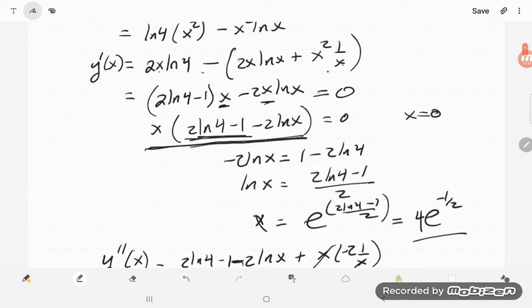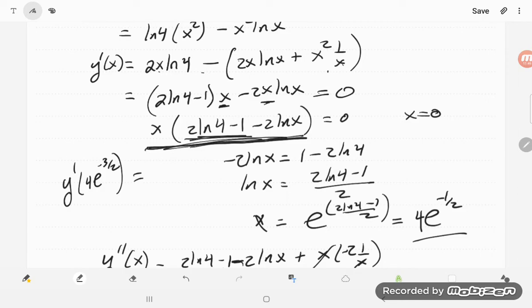If we place that into y prime, wow. Okay, so I'm going to put it over here. This is getting messy. Y prime of 4e to the -3/2. That's where our possible inflection point is.